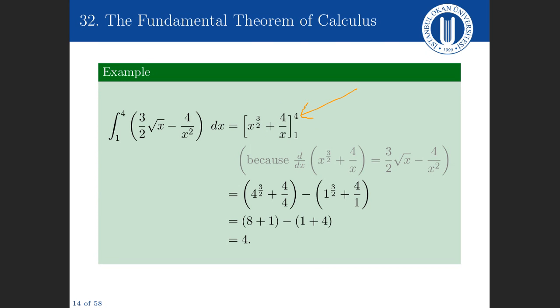First, we use the top number. We use 4 to get 4 to the power 3 over 2 plus 4 over 4. And then we use the bottom number, the 1, to get 1 to the power 3 over 2 plus 4 over 1. Four to the power 3 over 2.